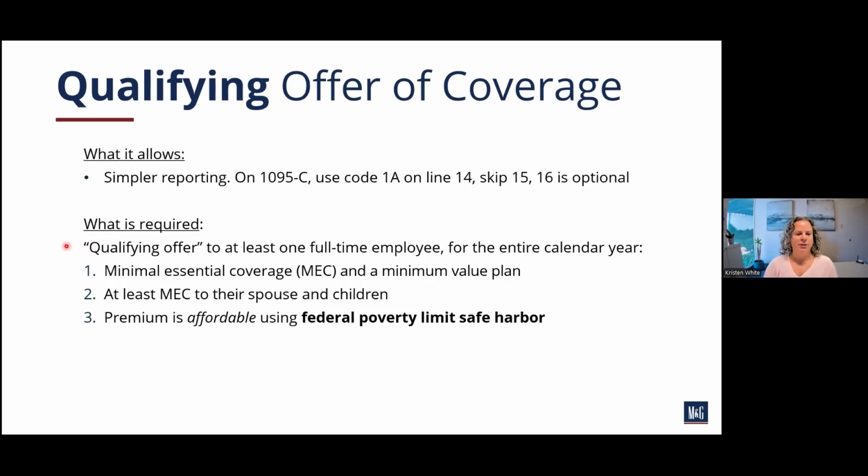What is required? Qualifying offer means you have to have offered at least 1 full-time employee, for the entire calendar year, minimum essential coverage that met the minimum value, and offered at least minimum essential coverage to their spouse and children, and you can meet that federal poverty limit safe harbor affordability, which is about $100 maximum for the premium.